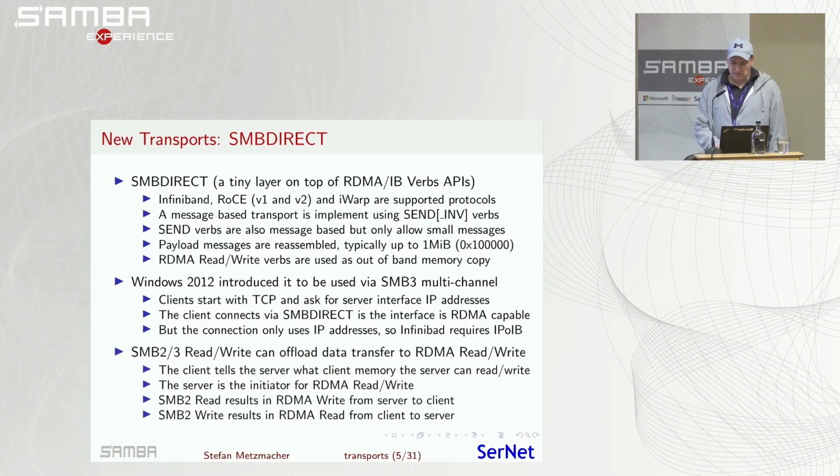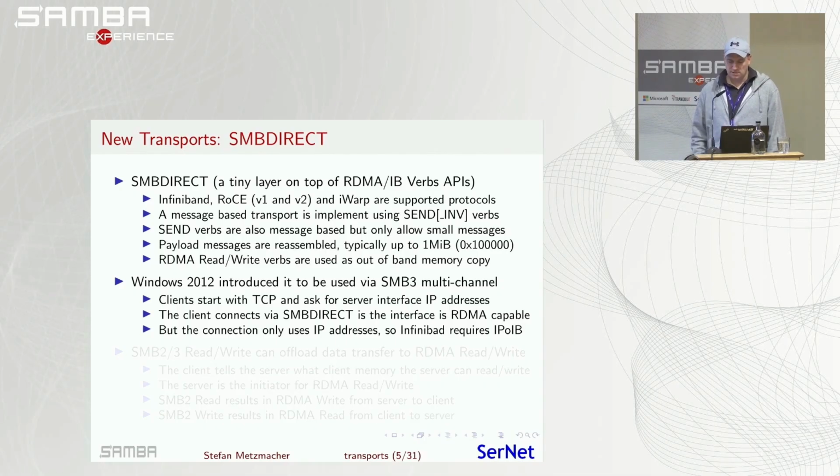And one important thing is that they always use IP addresses, even if they use raw InfiniBand. At the network layer, they use IP over InfiniBand. So the server never returns InfiniBand addresses, only IP addresses.